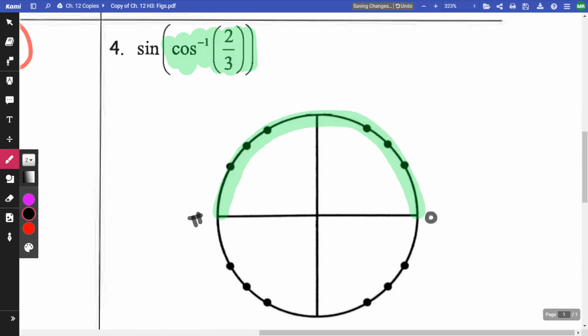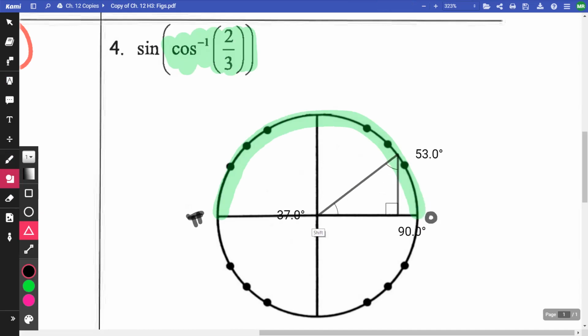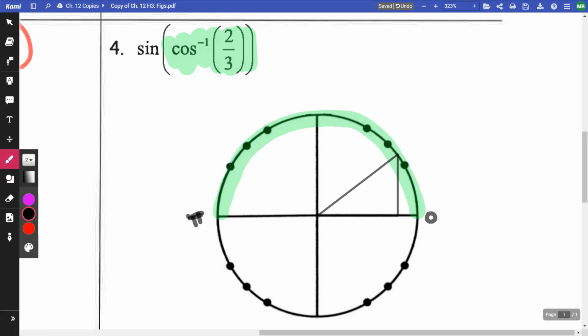This is a positive cosine, so that's going to be in quadrant 1. Let me just draw a right triangle, not in any particular spot. Really what we're looking for is this angle that has a cosine value of 2/3.